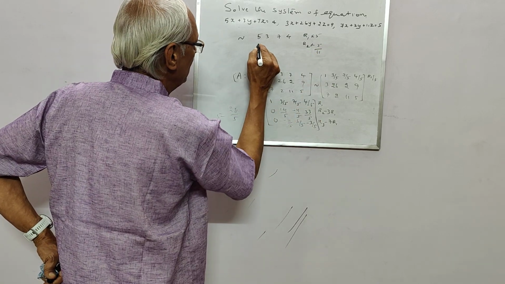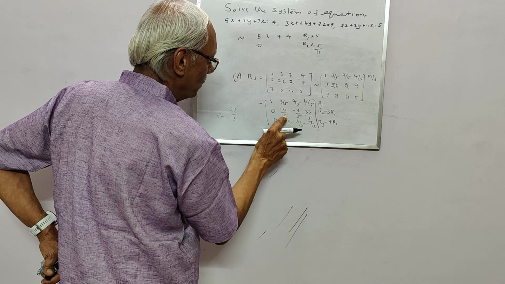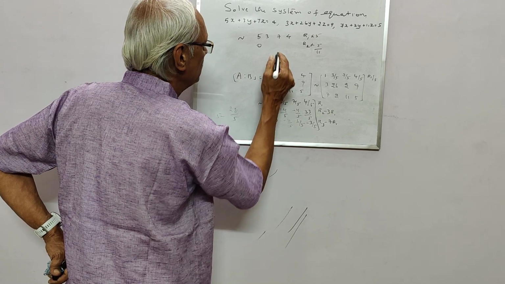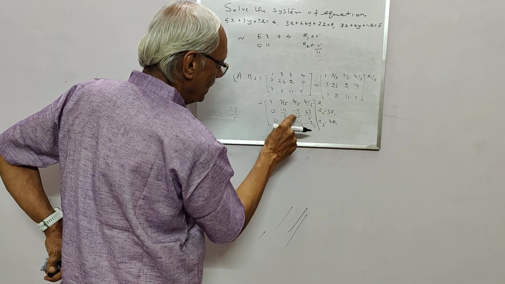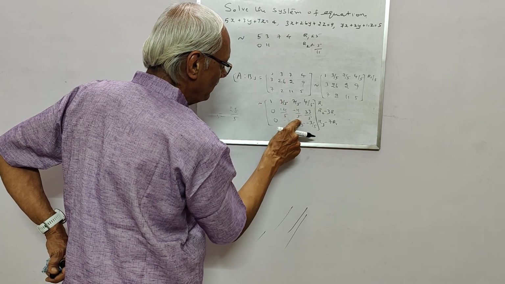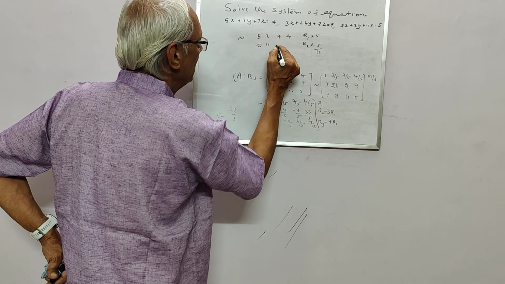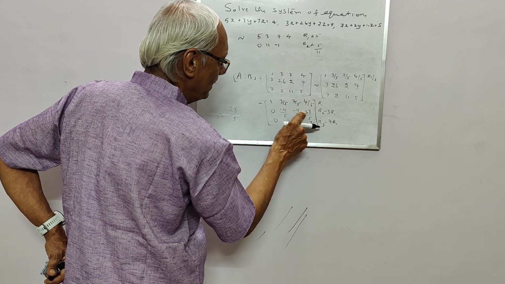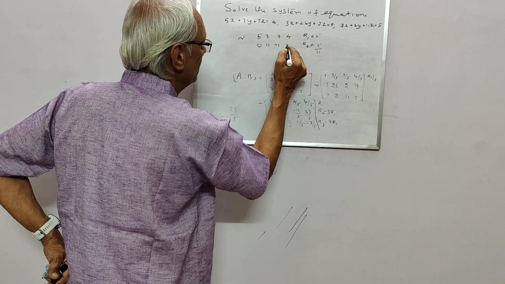So what will you get here? 0. If you multiply it by 5, 5 and 5 will go off. Divided by 11. This one, 5 and 5 will go off, 11 and 11 will go off, giving you -1. Here 5 and 5 will go off, 33 by 11 will be 3.